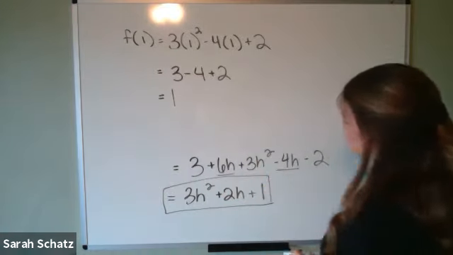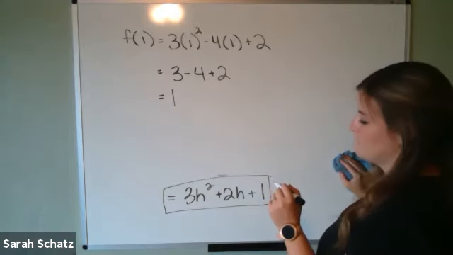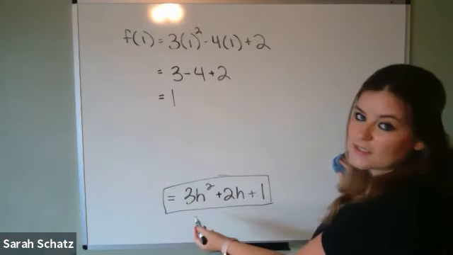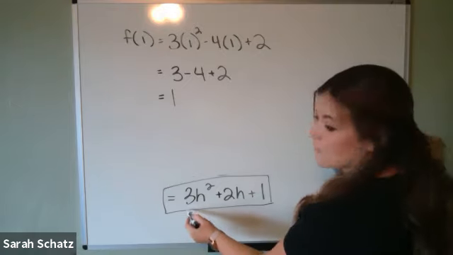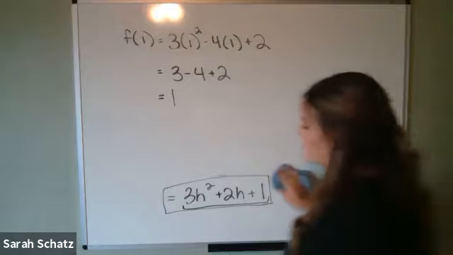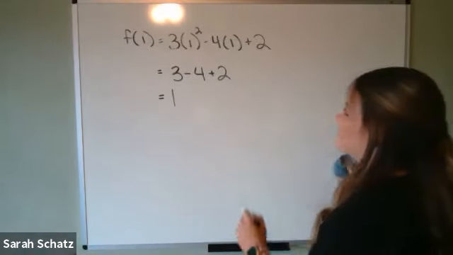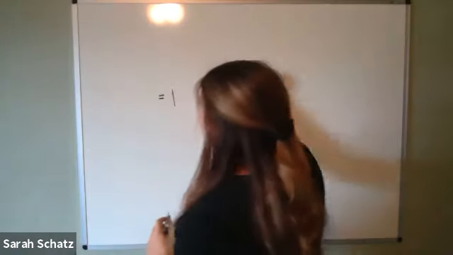So we have both things we need. Well, you guys can help me remember this so I can put it in. I'm going to erase it, but just help me remember 3h squared plus 2h plus 1, and remember that f of 1 is 1.